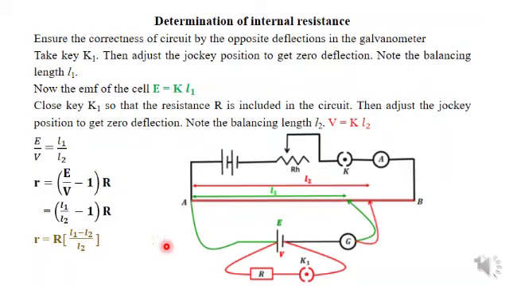By knowing the value of resistance taken from the resistance box, that is capital R, and by measuring the balancing lengths L1 and L2 using a meter scale, we can measure the internal resistance of the cell by using this formula.